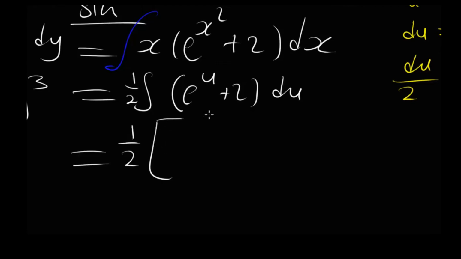So e to the u is e to the u, and this is a constant, so it will be 2u, right?